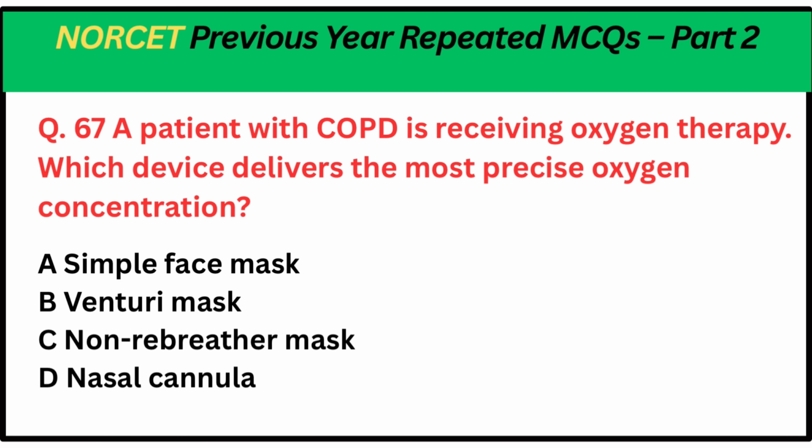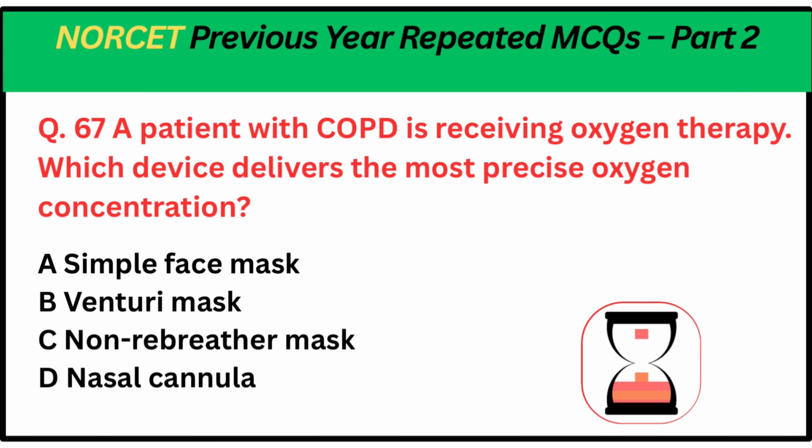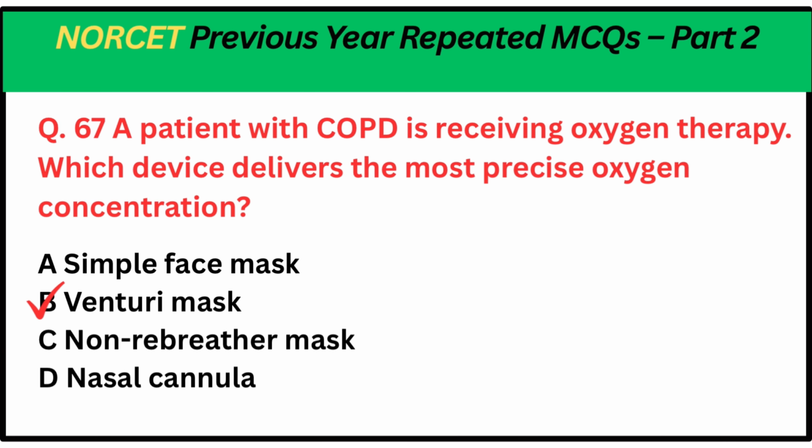A patient with COPD is receiving oxygen therapy. Which device delivers the most precise oxygen concentration? Your correct option is option B, Venturi mask. Moving to the next question, question number 68.